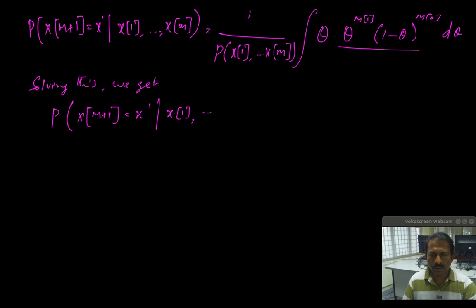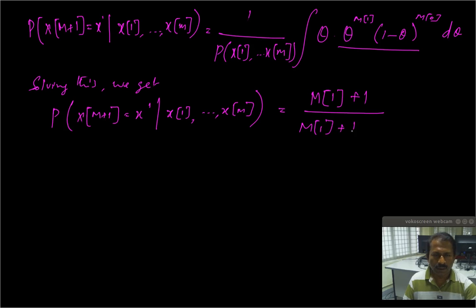given x1 up to xm, is equal to, the possibility of getting a next head, m of 1, the number of heads, plus 1, divided by m of 1 plus m of 0 plus 2. Just recall the MLE function that we computed.